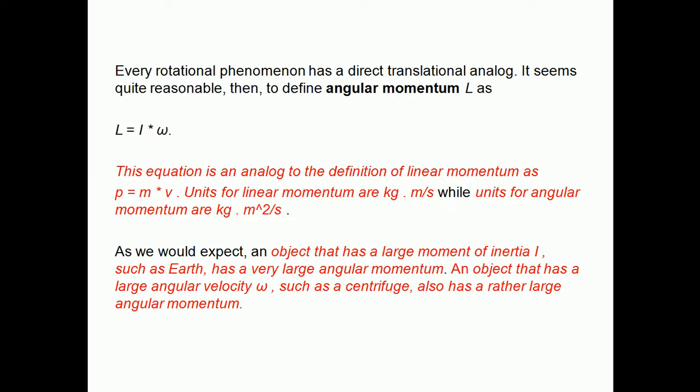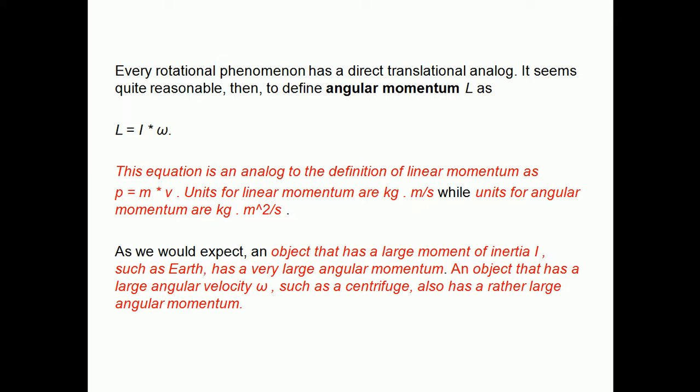The unit of the linear momentum: mass is in kilogram, and the velocity is meters per second. So the unit for the linear momentum is kilogram meter per second, while the unit for the angular momentum will be kilogram meter square per second. Clear?